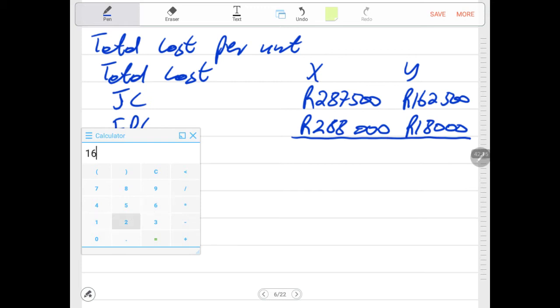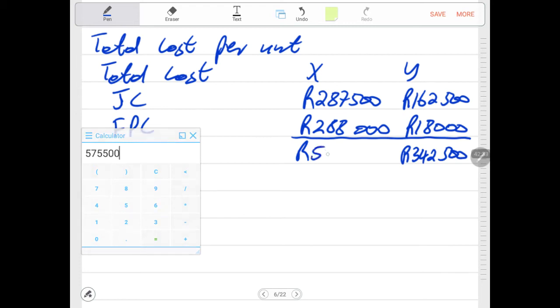We say 162,500 plus 180,000. We get an amount of 342,500. Here we have 288,000 plus 287,500.